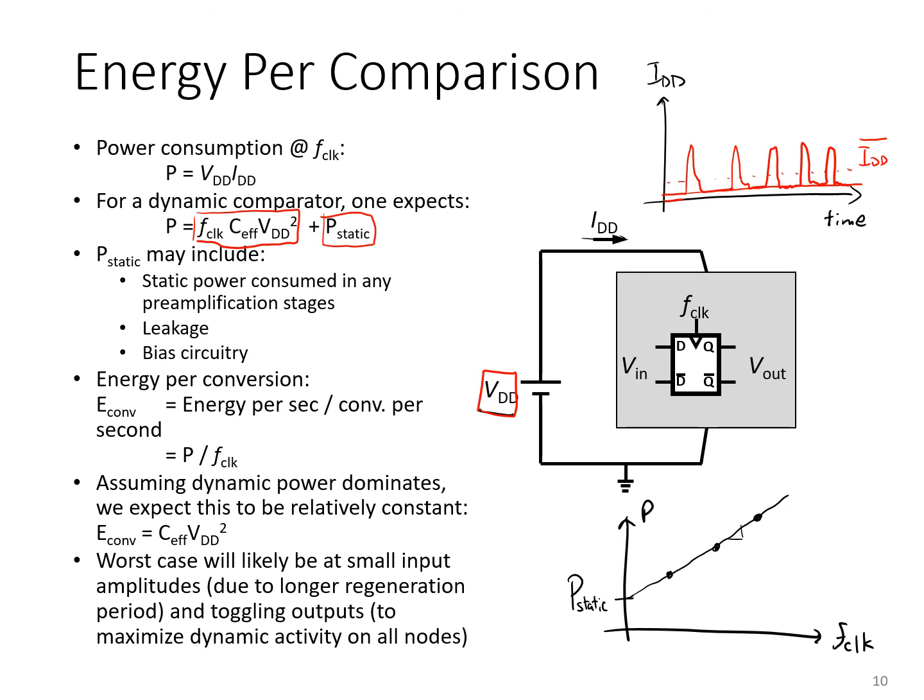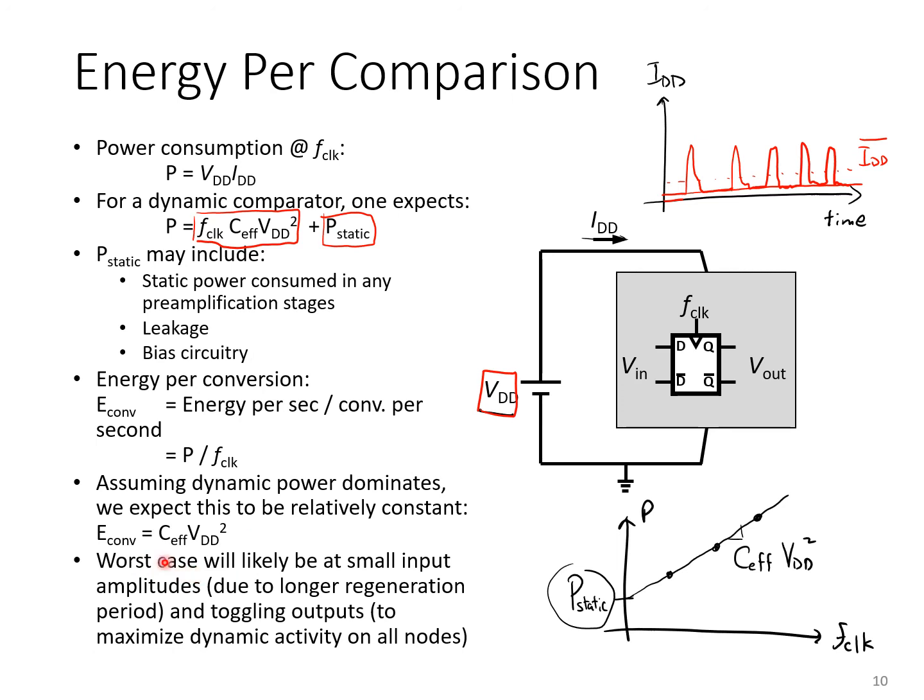So the slope of this is our C effective VDD squared. So knowing VDD, we can find our effective capacitance. If the static power consumption is very, very small, then we would find that the energy per conversion is given approximately by C effective times VDD squared, and is therefore a constant across all clock frequencies.